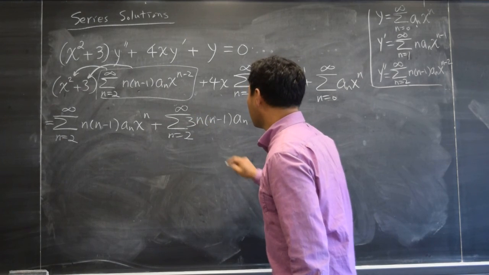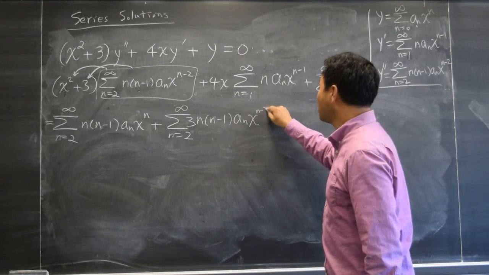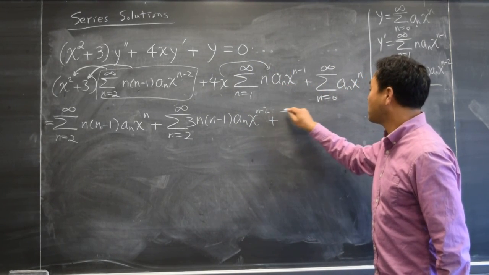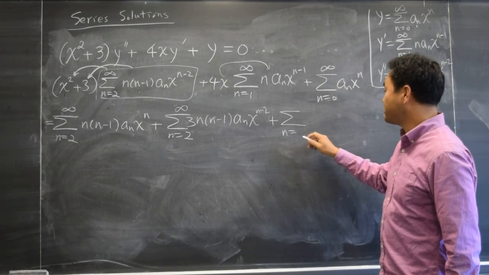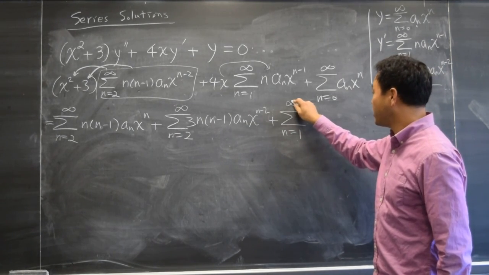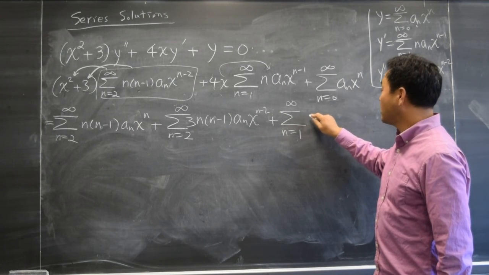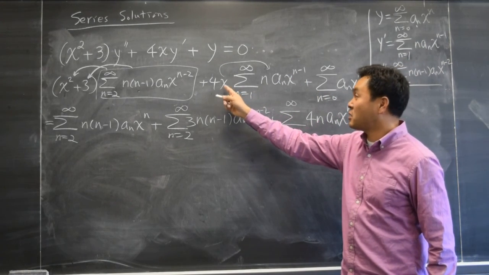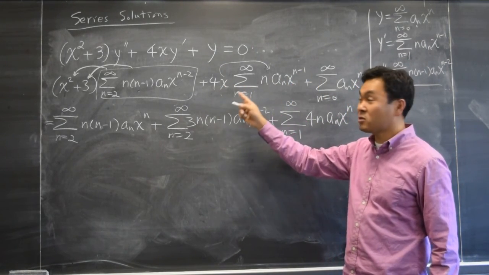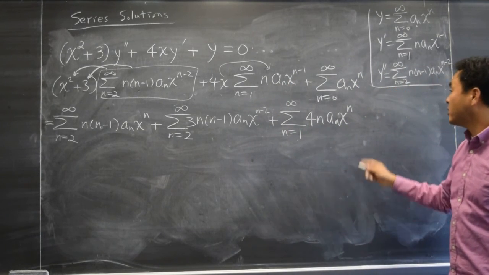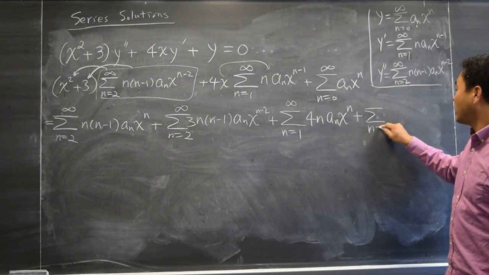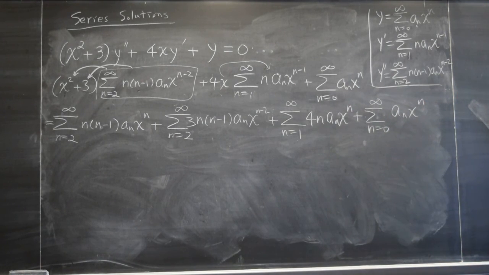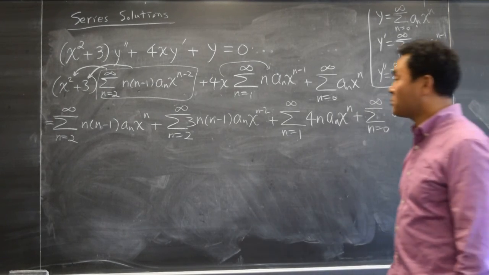Oh, there should be a 3 here. And then 4x goes inside, and you get plus sigma n equals 1 through infinity of 4n a n x to the n. X to the n is created by multiplying x to the n minus 1, and 1 plus n minus 1 gives you n. Plus sigma n from 0 to infinity of a n x to the n. So that's what you get if you split this.